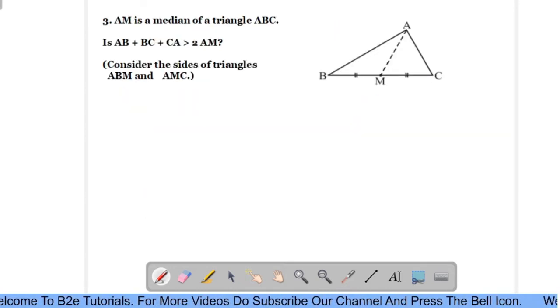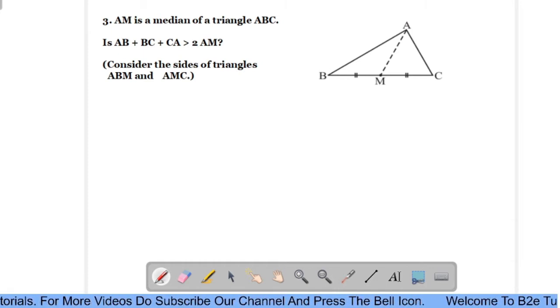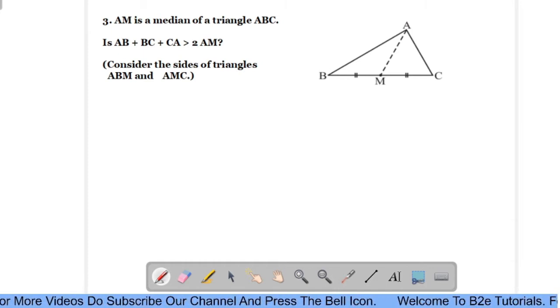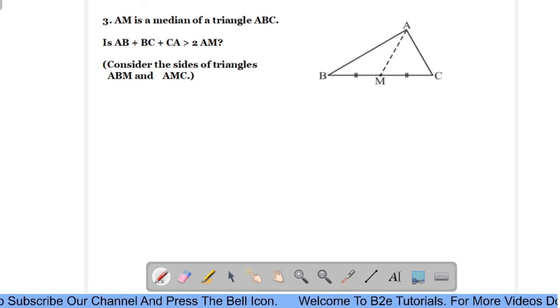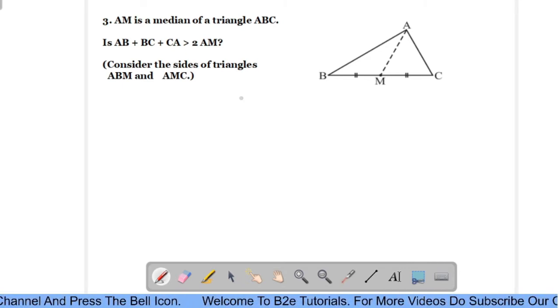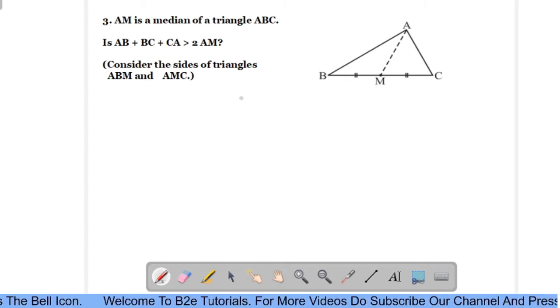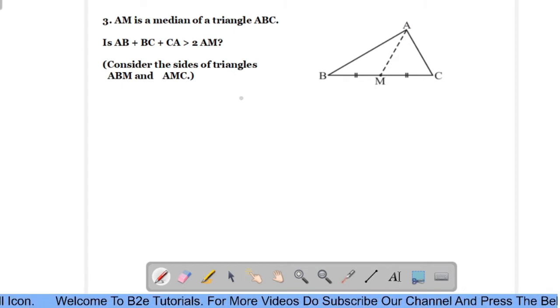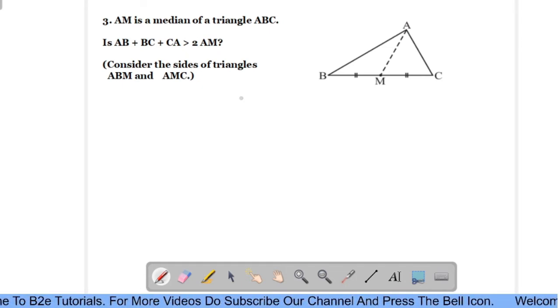Question number 3. AM is the median of triangle ABC. Show that AB plus BC plus CA is greater than twice AM. In the given figure ABC, AM is the median. AM divides the triangle into two parts, that is triangle AMB and AMC. So let us take the first triangle.